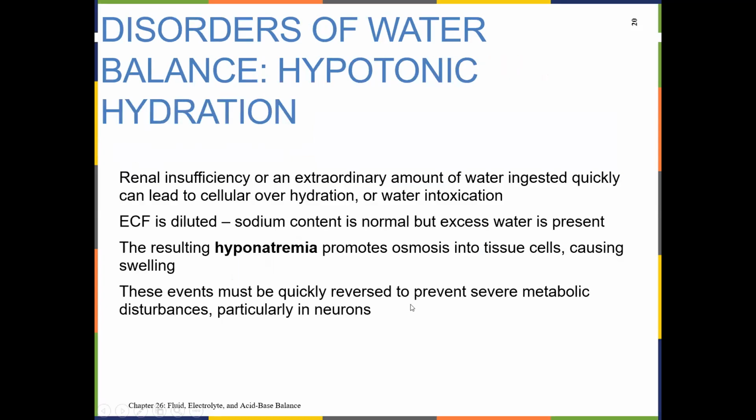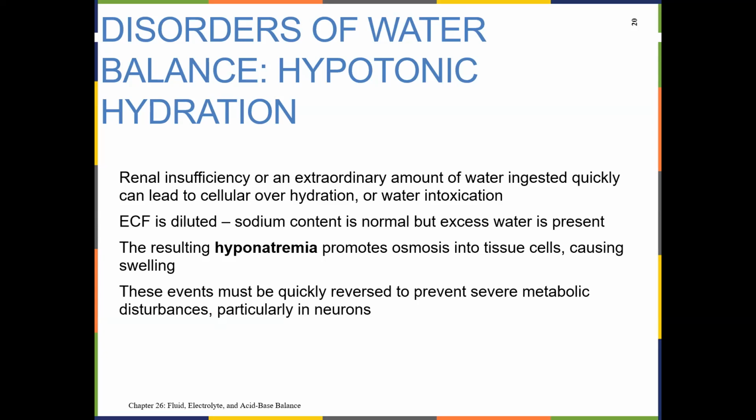Now, hypotonic hydration is just the opposite. If we are retaining water, if we take in a great deal of water, we overhydrate. We dilute the extracellular fluid. So instead of 300 milliosmoles, we're running at 280 or 270 or 260. We have overhydrated our cells.